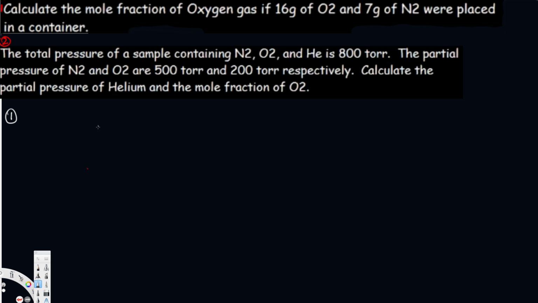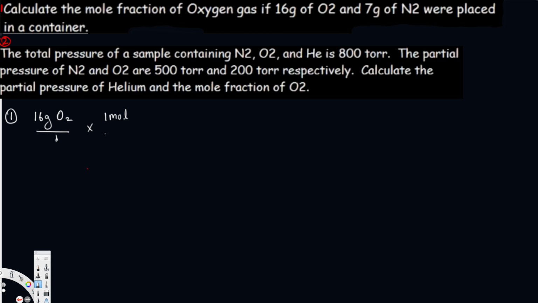To calculate this one, first of all, I have to get the mole of the oxygen. So how can I get it? I simply divide by molar mass. So here we have 16 grams of O2. Let's create a fraction, divide by 1, multiply by 1 mole. In 1 mole, how many grams? It's going to be the molar mass, right?